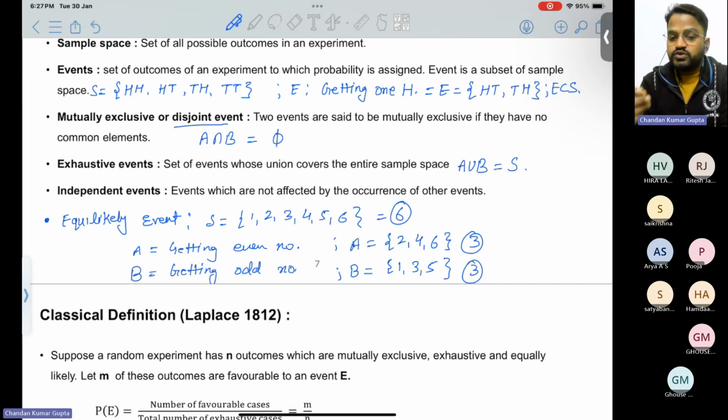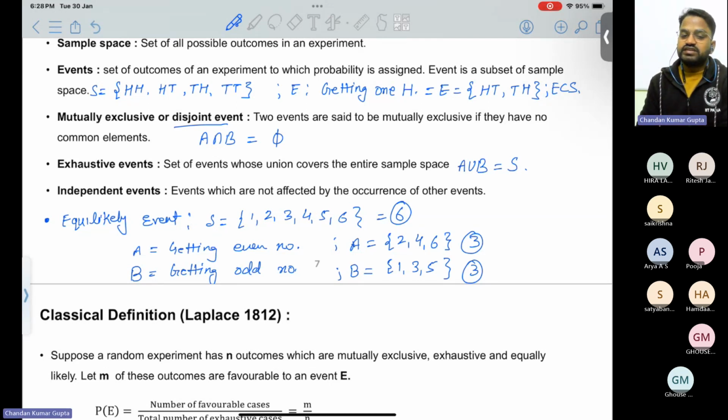Suppose we roll a die, and getting 1, 2, 3, 4, 5 and 6, all are independent. Suppose in the first trial we get 4 after rolling a die, and in the second trial we get 5, or 4, or 3.